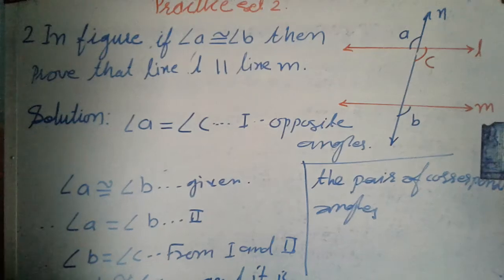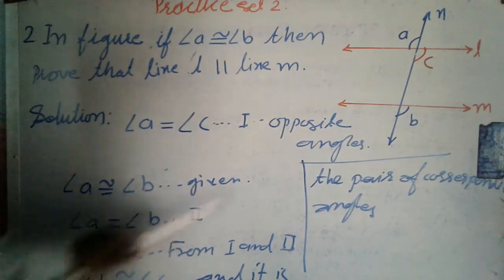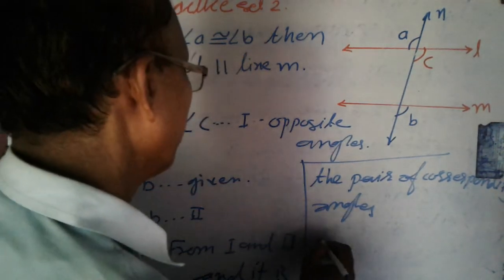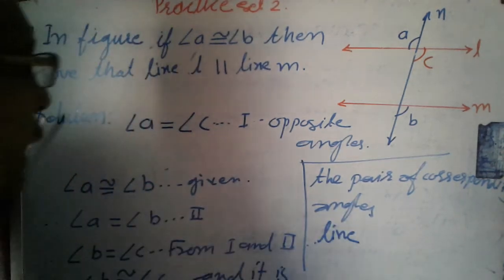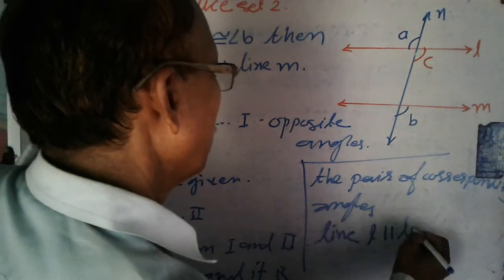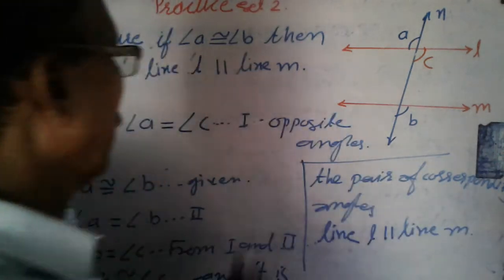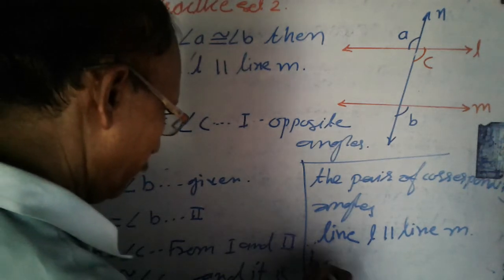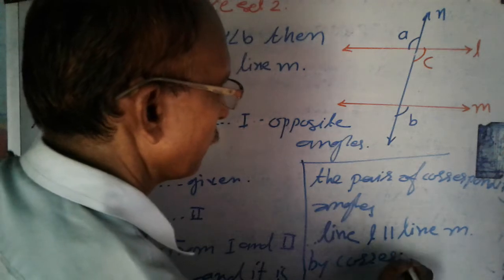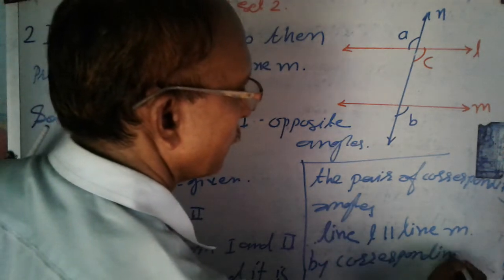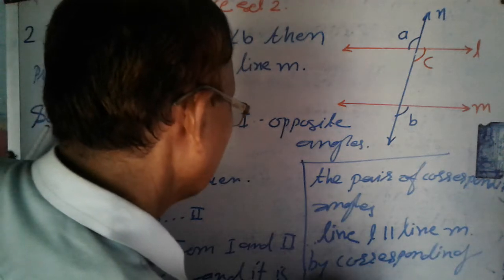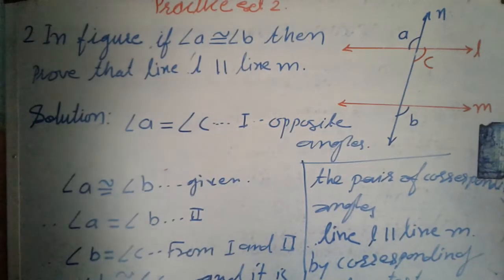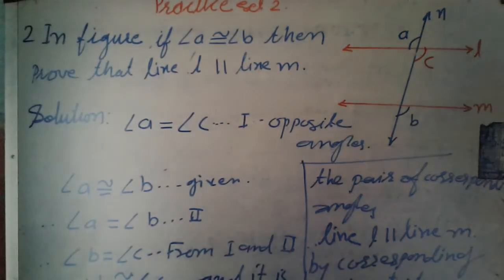If a pair of corresponding angles is congruent, then the lines are parallel by the corresponding angles test. Therefore, line L is parallel to line M by the corresponding angles test. In this way, we can prove this.